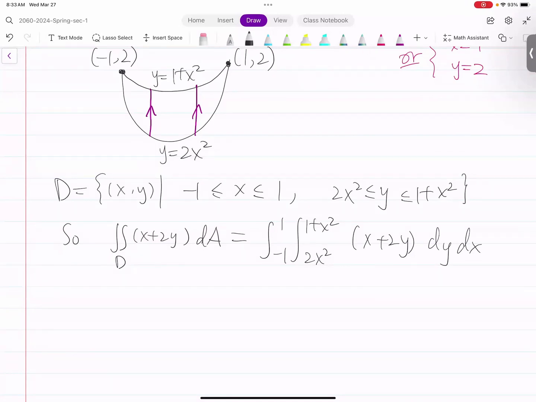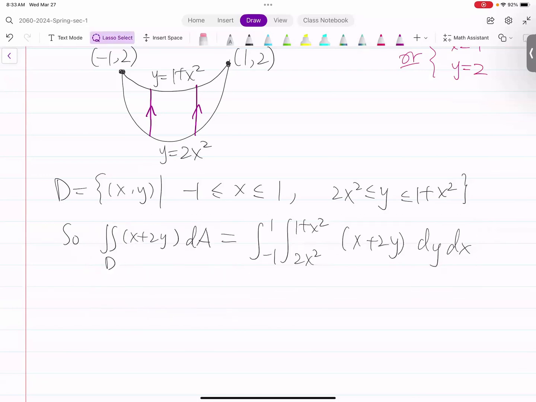All right, let's calculate. So here we just do it carefully. Play with the inner integral, of course. So here we're integrating with y and we're treating x as a constant. So write down the antiderivative here.